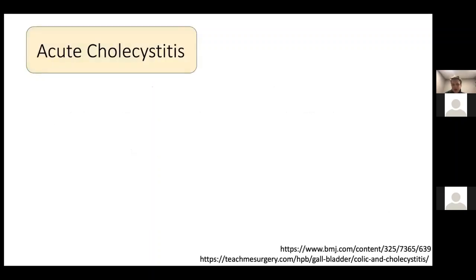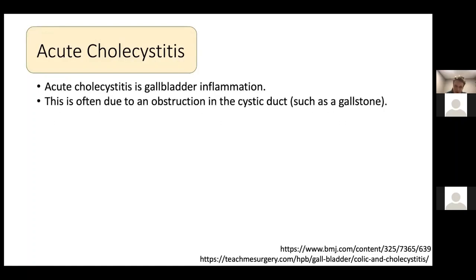So acute cholecystitis, this is gallbladder inflammation, and it's often due to a gallstone in the cystic duct. So if you remember back from the anatomy, that's the duct that leaves the gallbladder directly, where it joins up with the common hepatic duct.